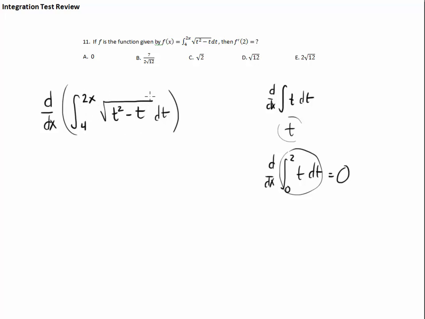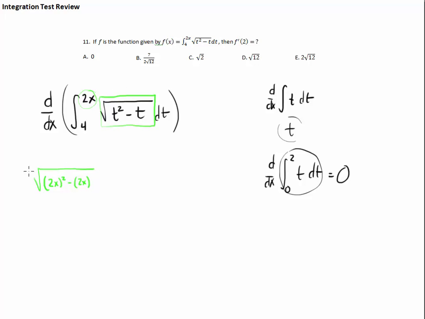Instead of finding the antiderivative of this and evaluating it, and then taking the derivative, the shortcut was this. I can just take my bounds and plug them in for my variable, so for t. So I've got the square root of 2x squared minus 2x.